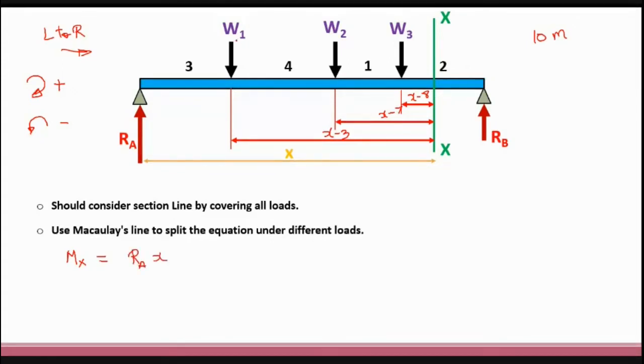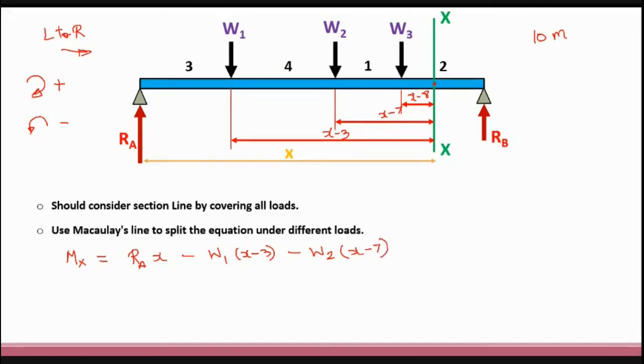Let me go for the next one. W1 into X minus 3. What is the rotation here? It is rotating in anti-clockwise. So X is the fixed point and W1 is the force which is acting, rotating in anti-clockwise. So minus W1 into X minus 3, minus W2 into X minus 7.